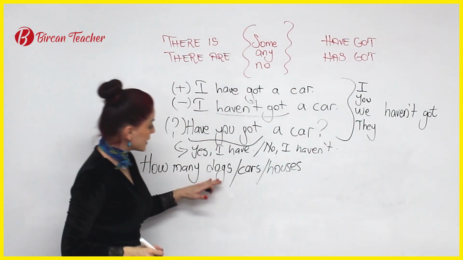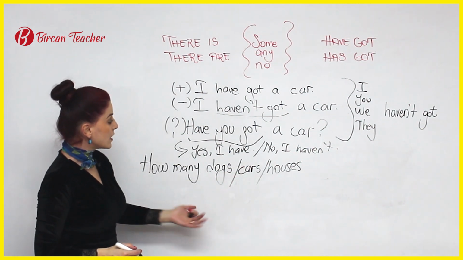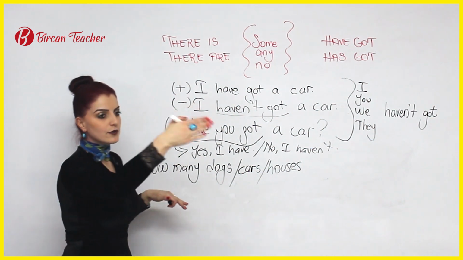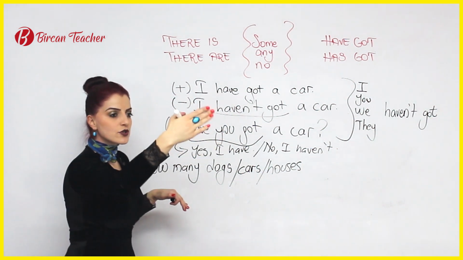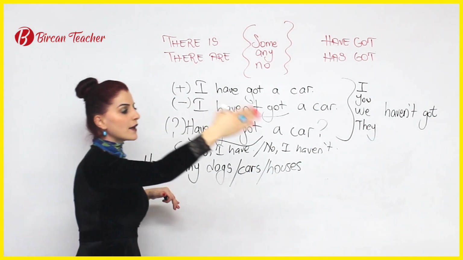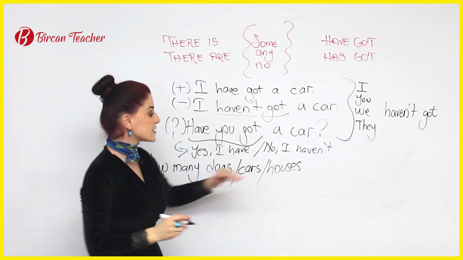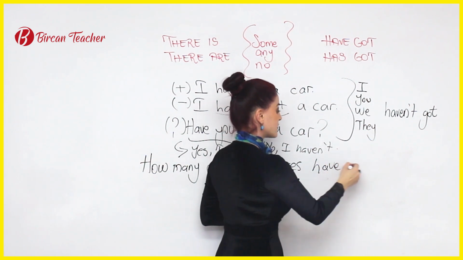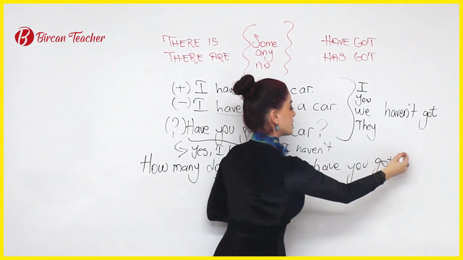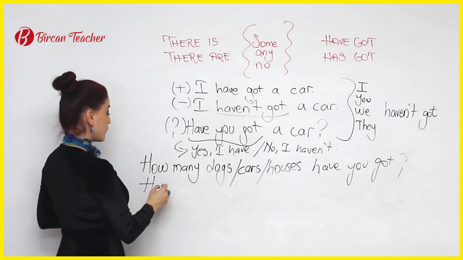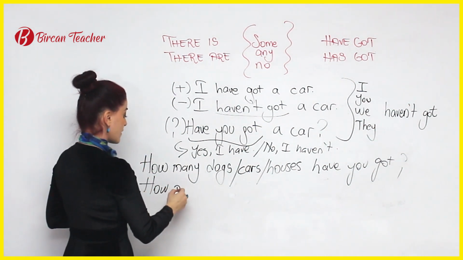Look, you can see S because they are countable nouns. So you can count the number: 1 dog, 2 dogs, 3 dogs, or 1 house, 2 houses, 3 houses. So how many houses have you got? Or how much, for uncountables.